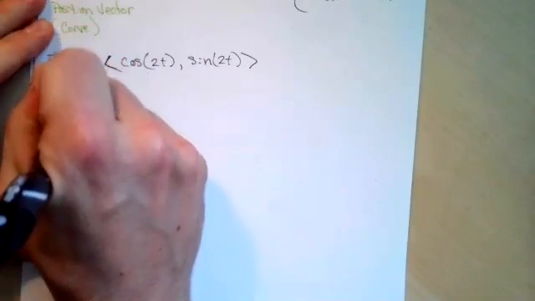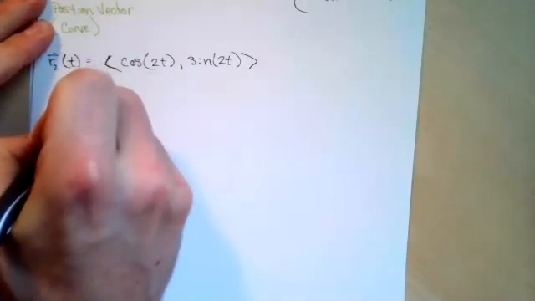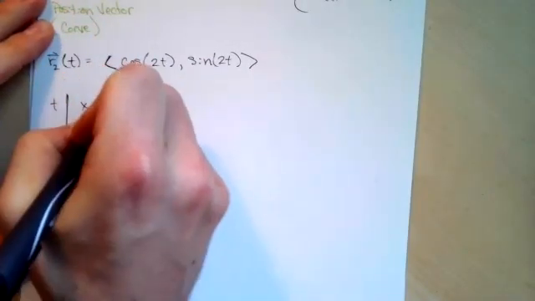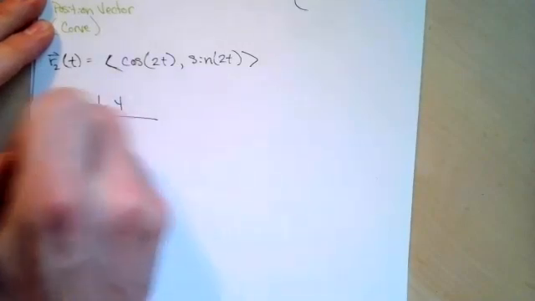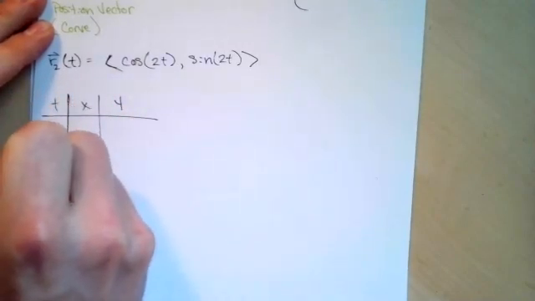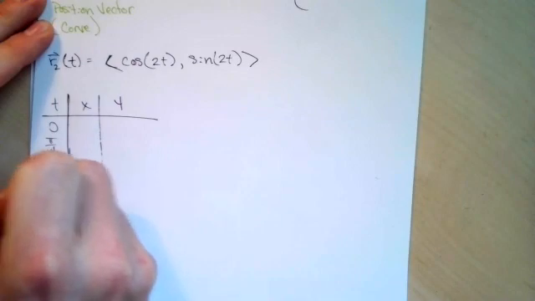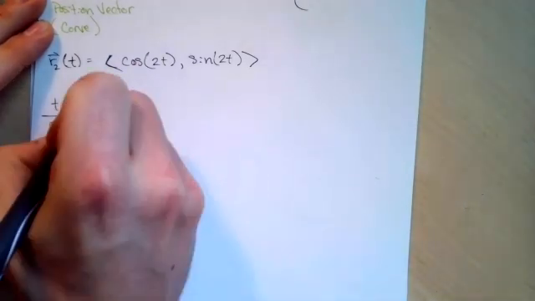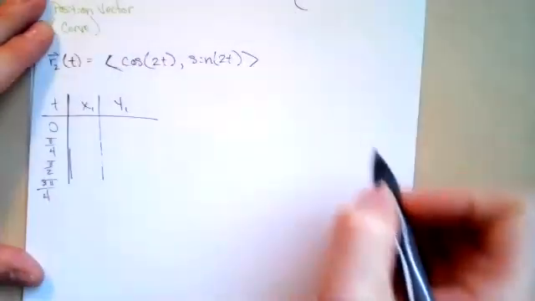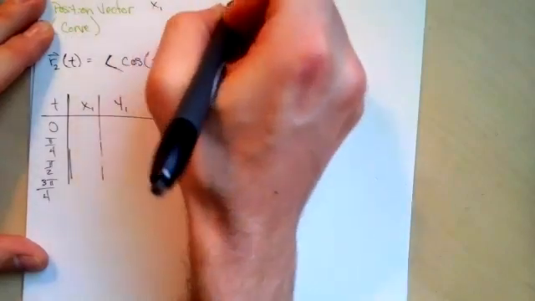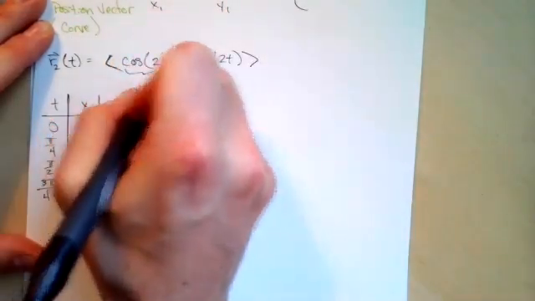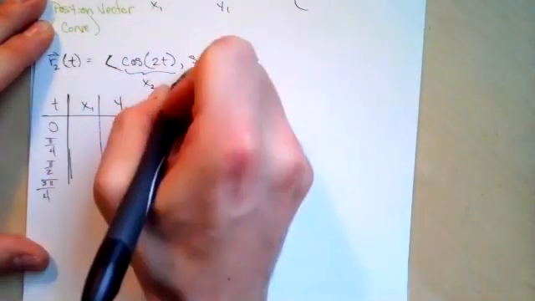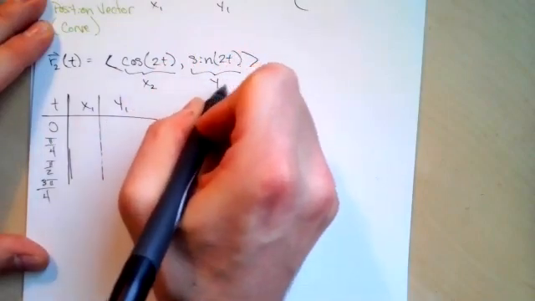We came up with a table, something like pi over 4, pi over 2, 3 pi over 4. And let's call these x1 and y1. So this will be our x1, this will be our y1, and then x2 and y2.